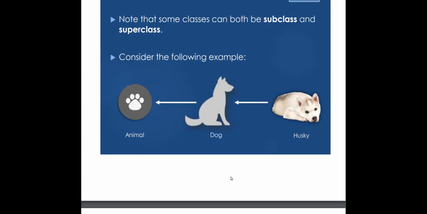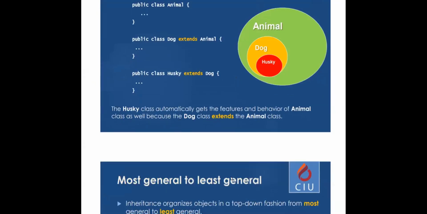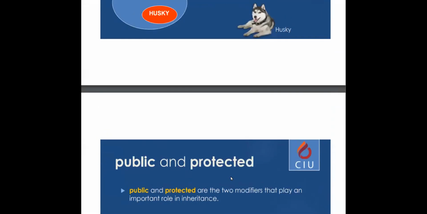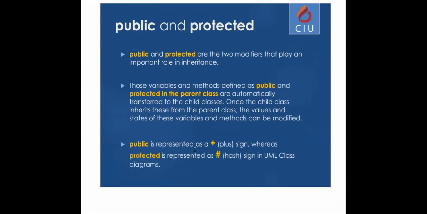However, if the value is defined in a hierarchy, the child can access it. It means that the value defined in the dog, the husky class can access the protected one. But any other class that is not the child of the dog cannot access it.